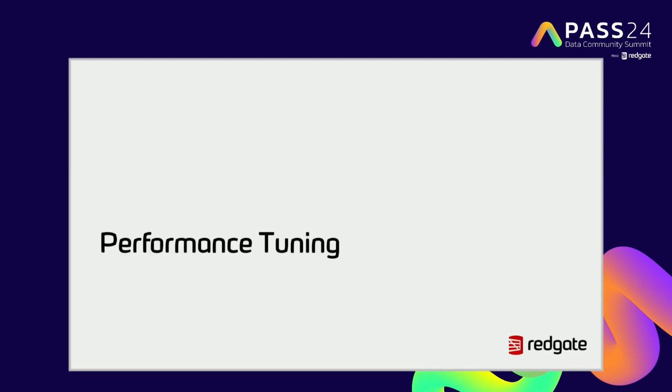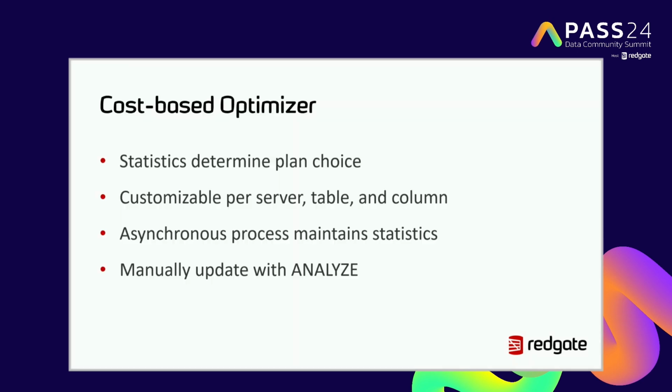All right, so I'm just going to dive right in and talk about, obviously, performance tuning and how do we even go down this path of performance tuning. And at the end of the day, again, particularly if you have come from another database, Postgres is still, as most relational databases are, a purely cost-based optimizer, right?